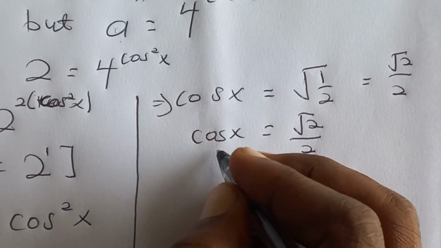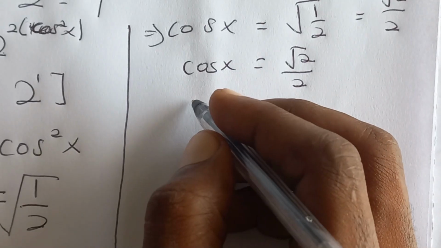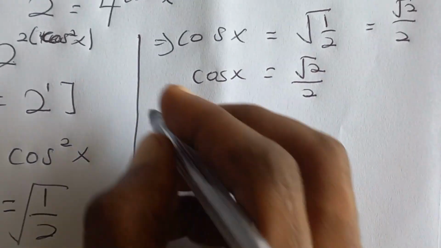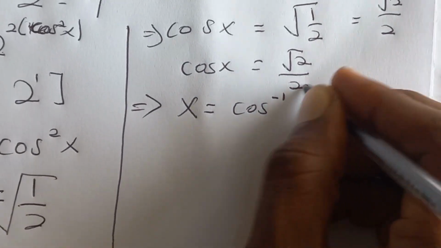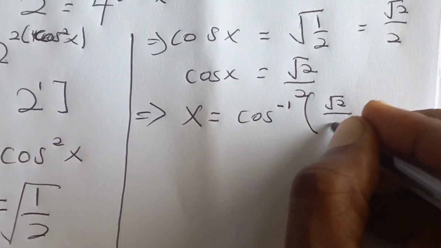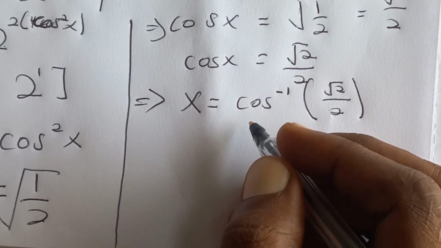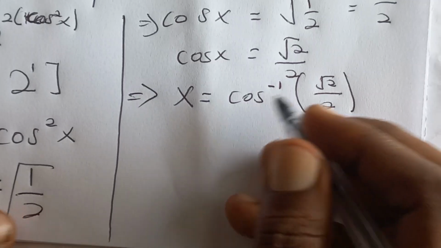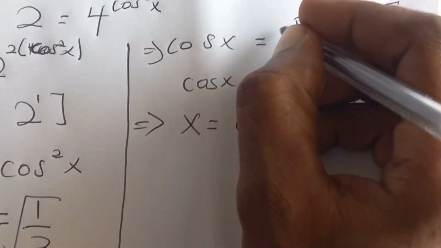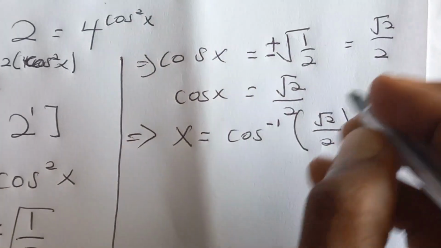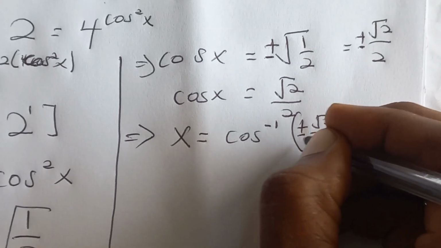Now we can find x by taking the cos inverse. Don't forget the square root of this is plus or minus, so we have plus or minus root 2 on 2.